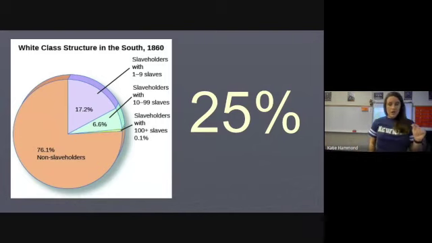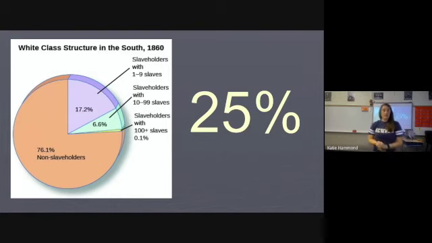Okay? So now let's talk about the social groups of the white South. Okay, so in 1860, 25% of all white families owned slaves. Okay? All right. And then of that 25%, half owned fewer than 5 slaves. So you see, of the 25%, half of them actually owned less than 5 slaves.